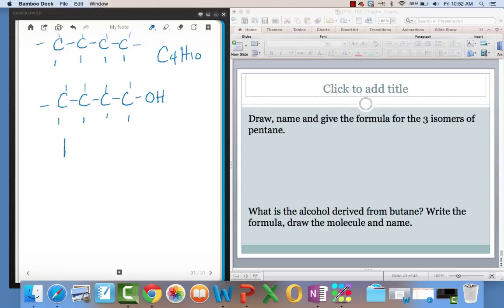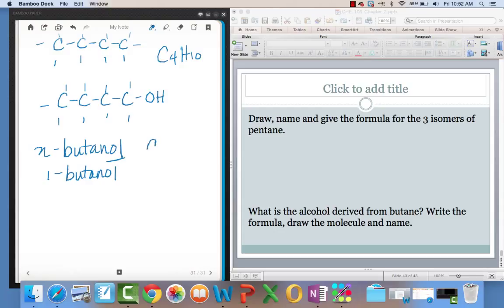So now this becomes butanol because of the OH. It's actually called n-normal butanol. It might be called 1-butanol. So we have the formula. No, we don't have the formula.